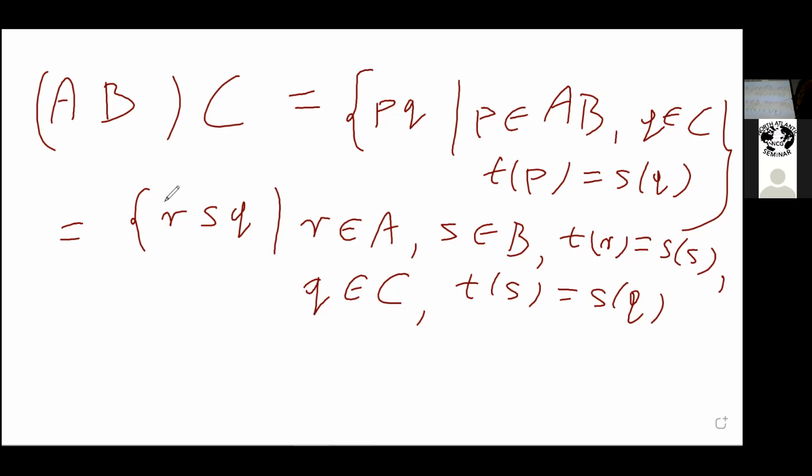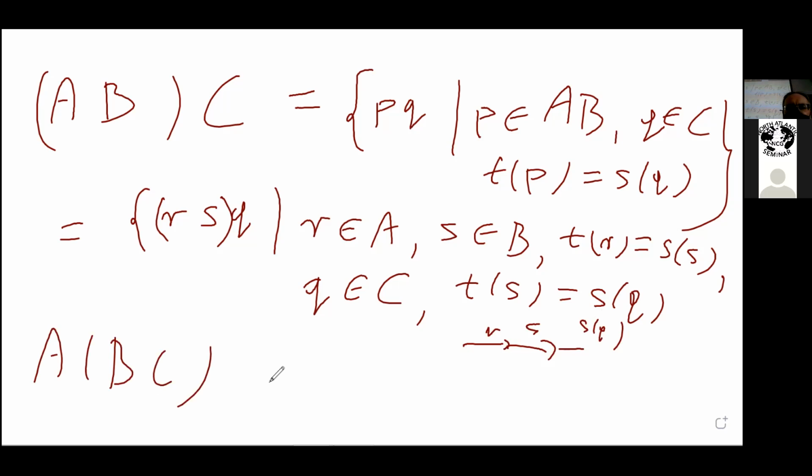And if I am pedantic, I should write it with parentheses around RS. If you look here, I have R in A, S in B, Q in C. And I say that the end of R is the beginning of S, and the end of S is the beginning of Q. And I can easily imagine that if I do it the other way around with parentheses shifted, I will arrive at precisely the same definition, except I'll have R and SQ.